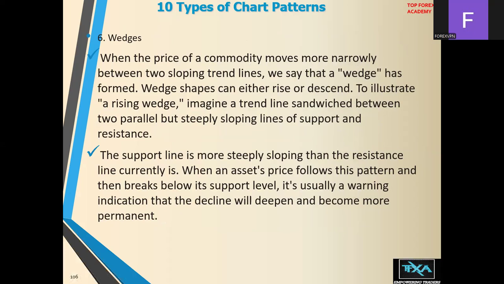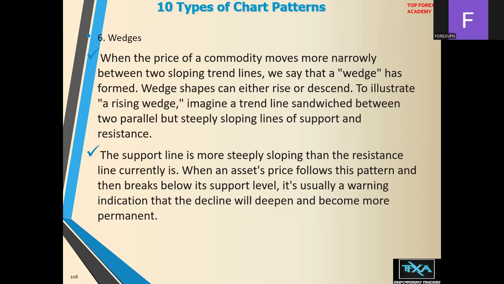Wedges. When the price of a commodity moves narrowly between two sloping trend lines, we say that a wedge has formed. Wedge shapes can either rise or descend. To illustrate a rising wedge, imagine a trend line sandwiched between two sloping lines of support and resistance.